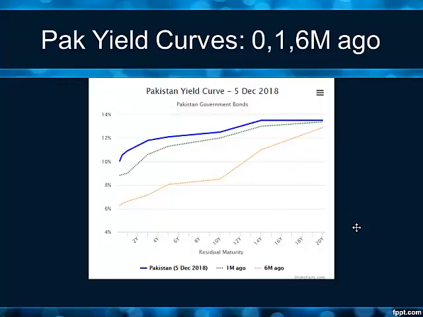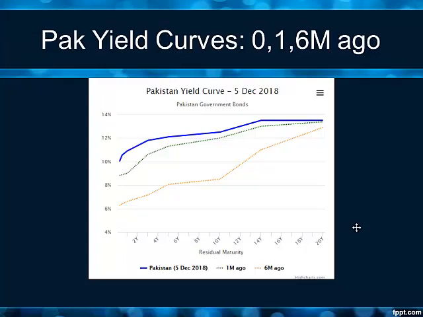So here are the yield curves in Pakistan for 0 months ago, which means current. The current is the blue line at the top. It starts at 10%. I think this is before the recent policy, when the central bank rate was 8.5%.